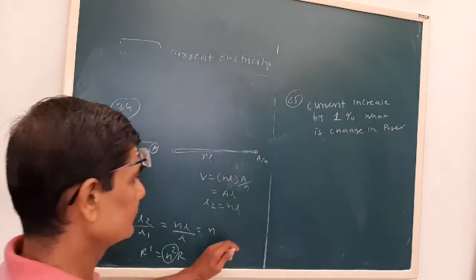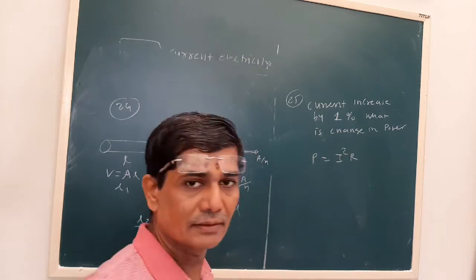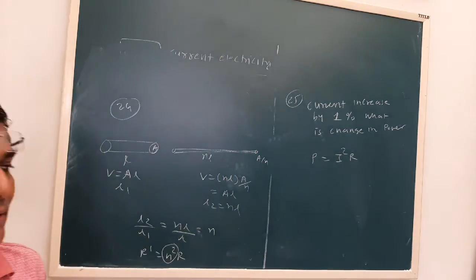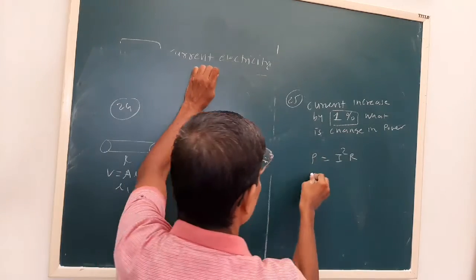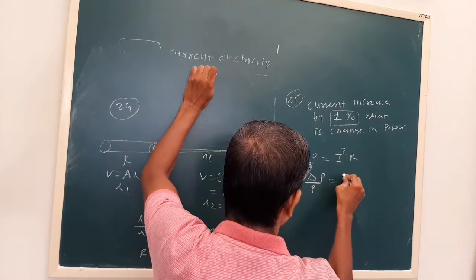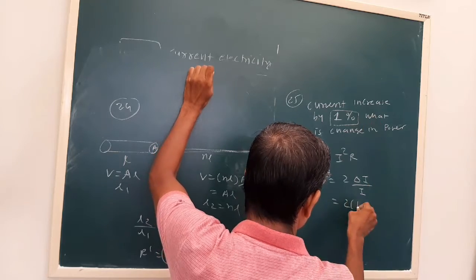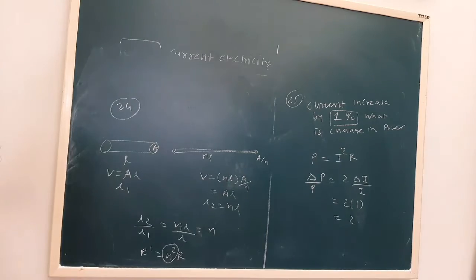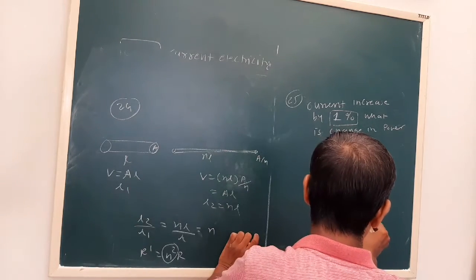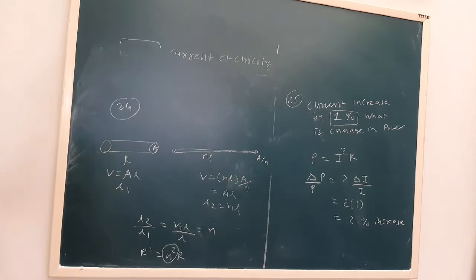Power is I square R. Whenever the change is less than 5%, we can use the method of error. So delta P by P is 2 times delta I by I. See, delta I by I is 1%. Here it is increased, so the power also will increase. So that will be 2% increase in the power.